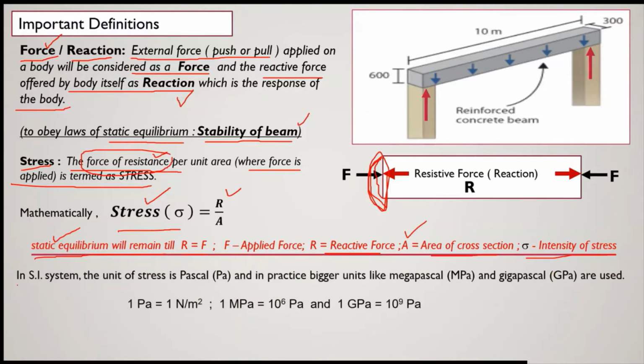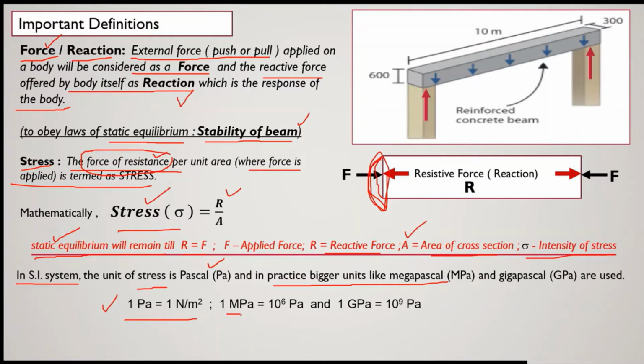Now let us talk about the units. The SI unit of stress is Pascal. That is pressure basically. And in practice, bigger units are used like megapascal and gigapascal. So 1 Pascal is basically 1 Newton per meter square. When 1 Newton force is applied on a cross-section area of 1 meter square, then the stress acting is 1 Pascal.